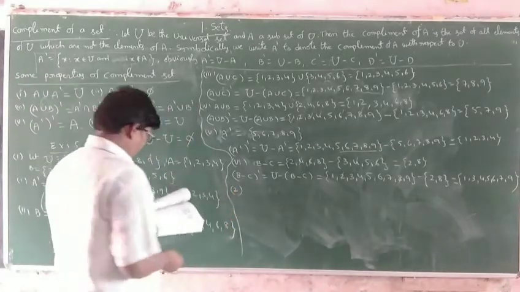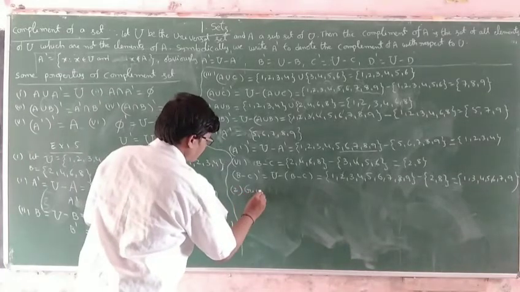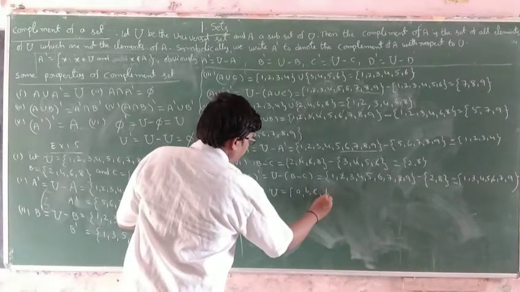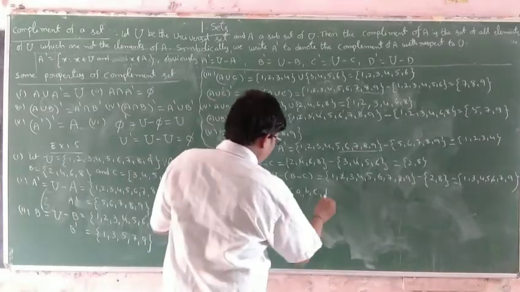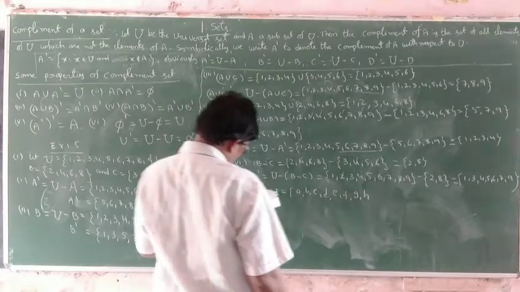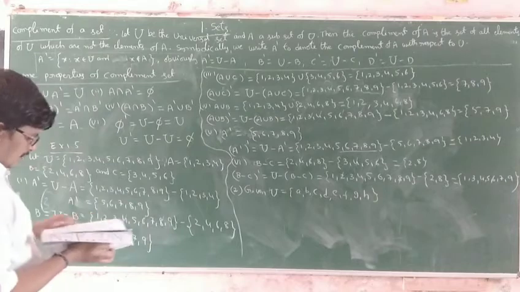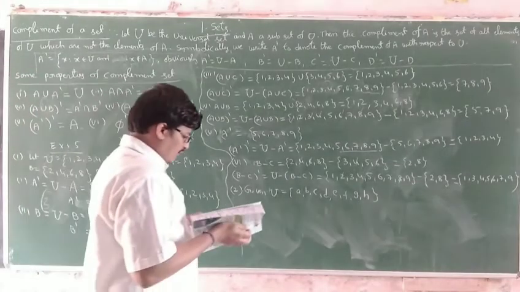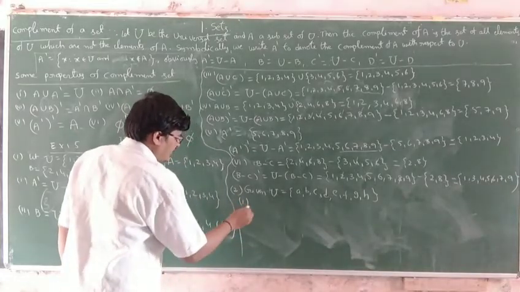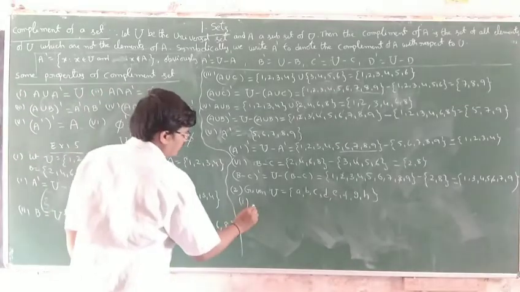The second problem is: if the universal set U is {A, B, C, D, E, F, G, H}, find the complements of the following sets. What is A?